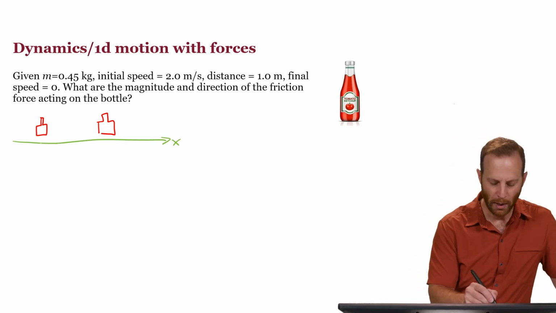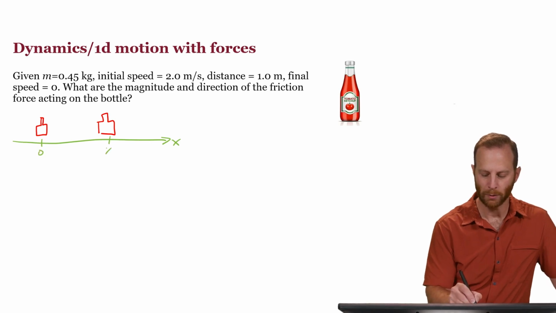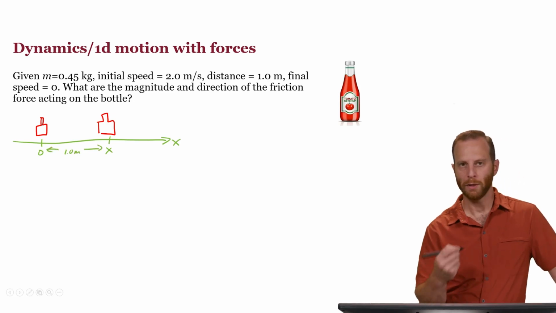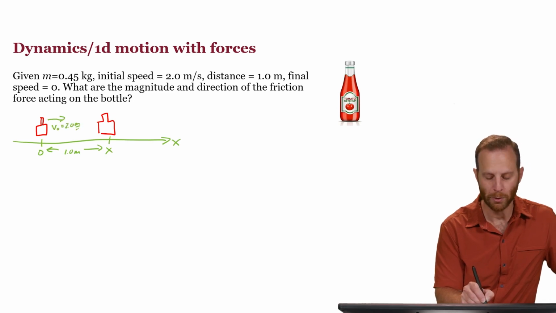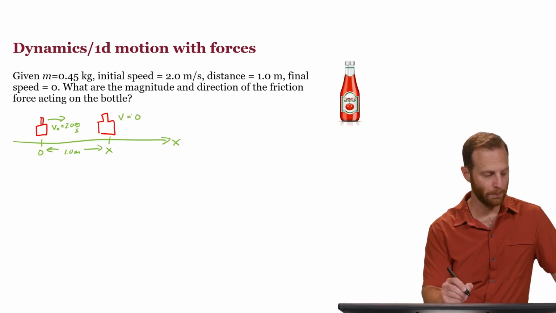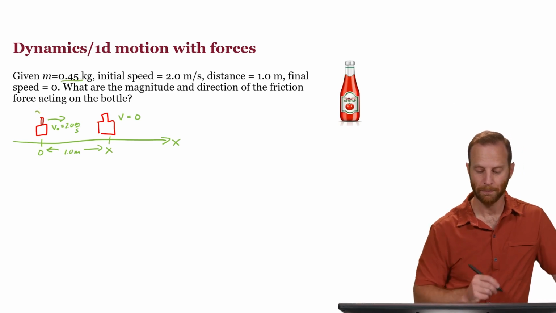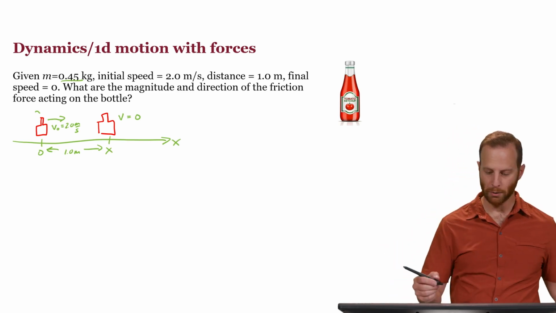We have an initial position, which we can call 0, and a final position, x. We know this is 1 meter. The initial velocity of the bottle, v0, is 2.0 meters per second, and it ends with a velocity of 0. We also know the mass. That's probably a good enough picture to start.